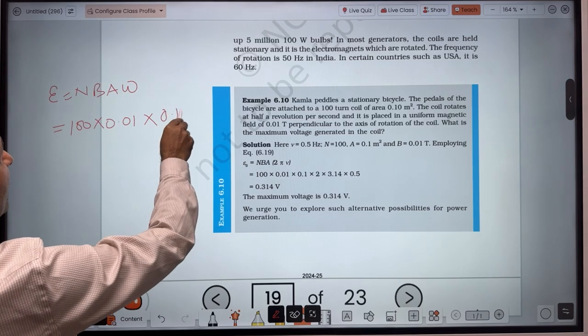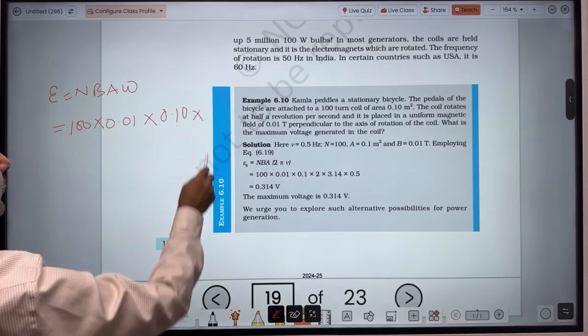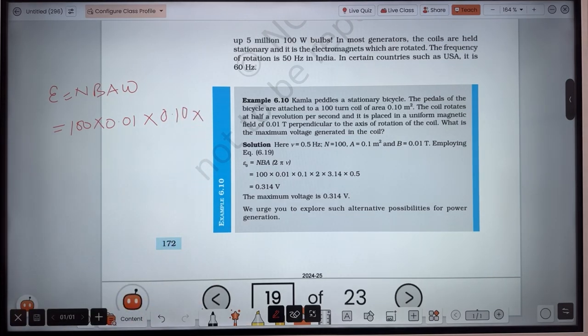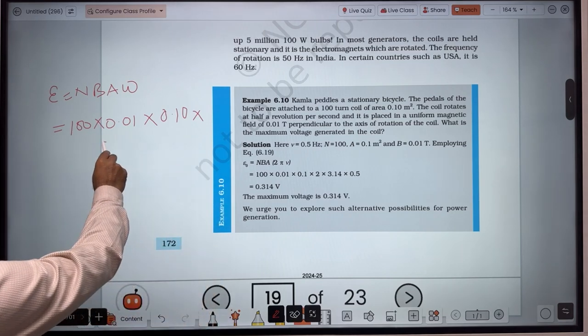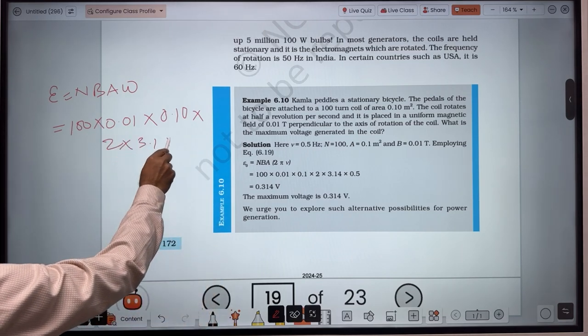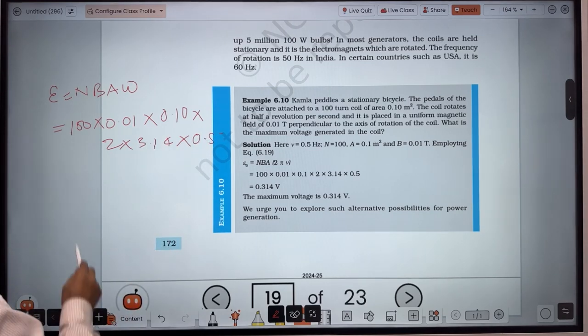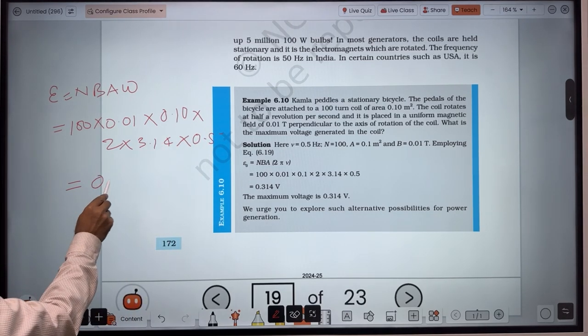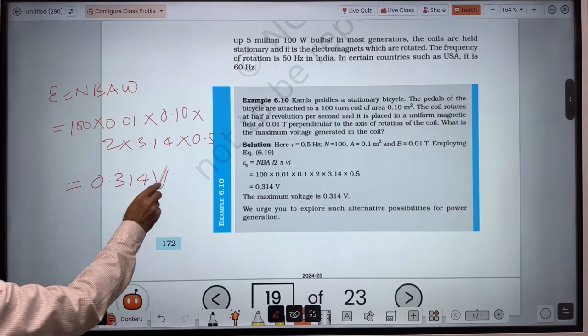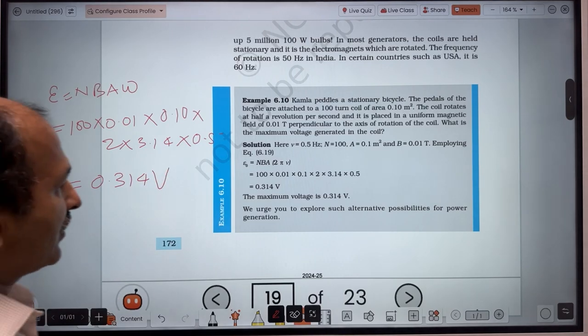So 0.10, times omega. Omega means 2 pi times frequency. So 2 pi into frequency, which is 0.5, right? So 2 into 3.14 into 0.5. Then evaluate it. It will come out to be 0.314 volt, correct?